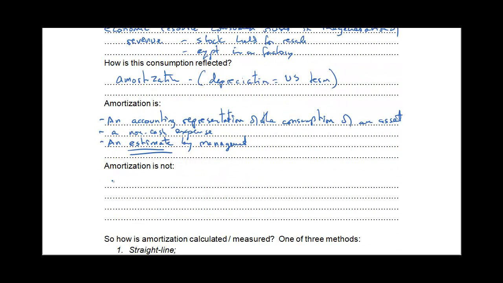So amortization is not a cash-based expense, obviously. It is also not a tool for valuation. Okay, so the book value of an asset, which is purchase price minus accumulated amortization, has no relationship to the market value of the asset.